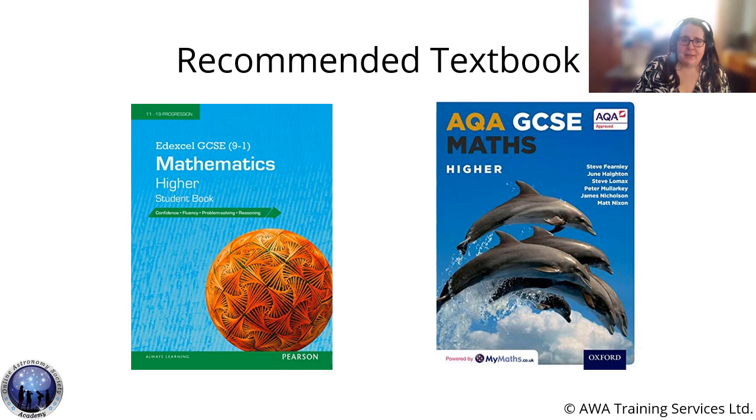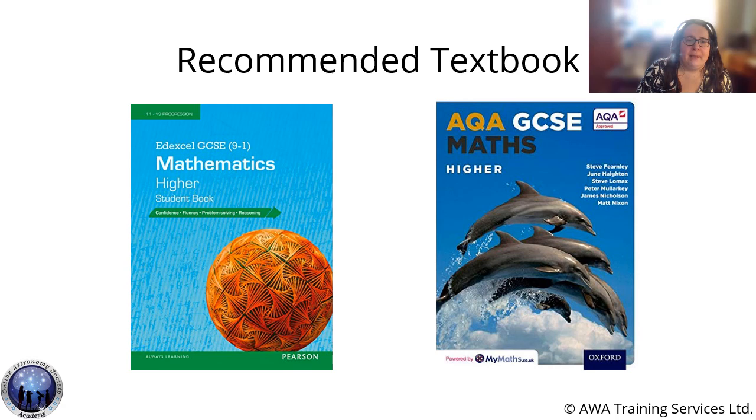Now, if you want to buy a textbook, then these are the ones we recommend. The one on the left is for the Edexcel paper, and the one on the right is for the AQA paper. You can get both of these on Amazon or wherever you buy your books.